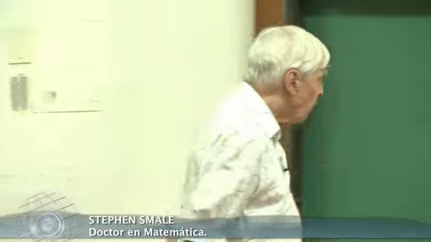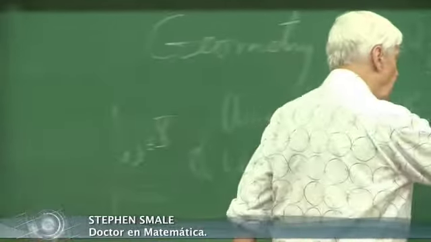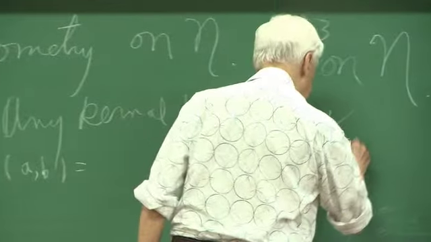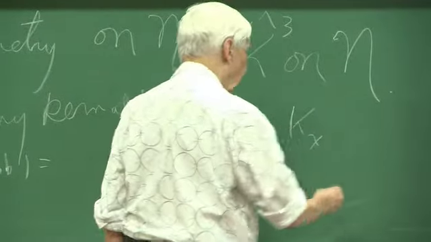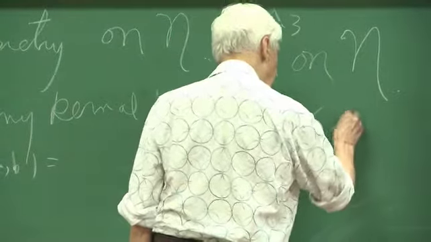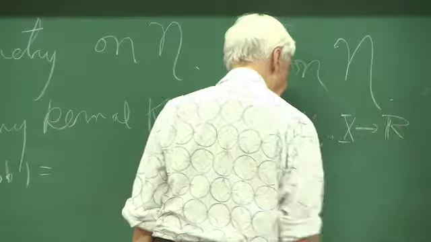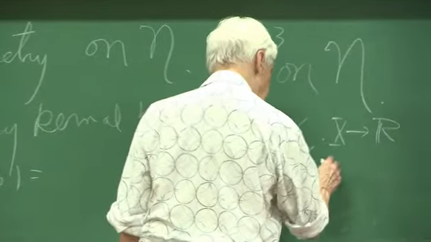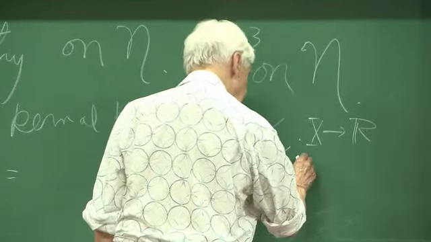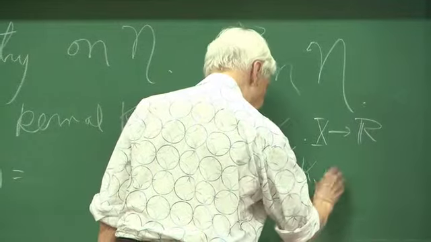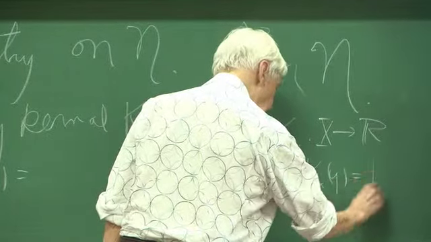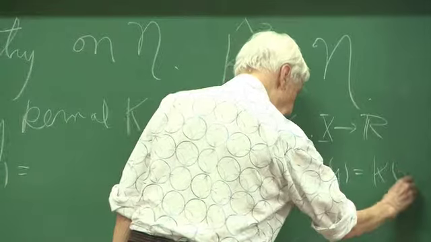The first distance function is the following. Remember, k sub x is the representation as a real valued function on x. It's a map from x to R, and k sub x of y equals simply k(x, y).